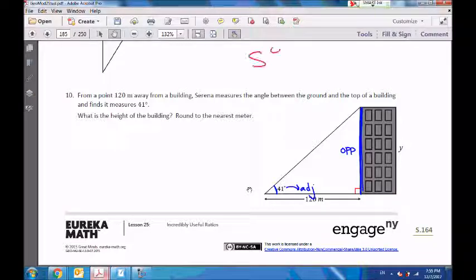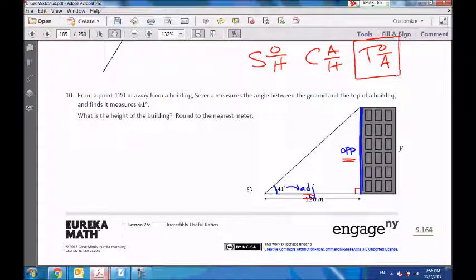Our mnemonic is SOHCAHTOA, and I want to know the opposite, and I know the adjacent. Opposite and adjacent are only related in the tangent ratio. So the most useful ratio for Serena is the tangent ratio.